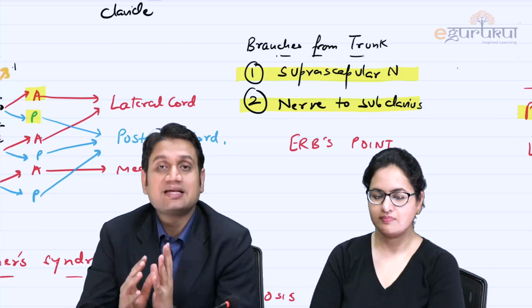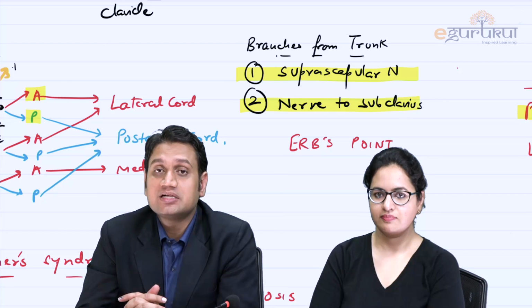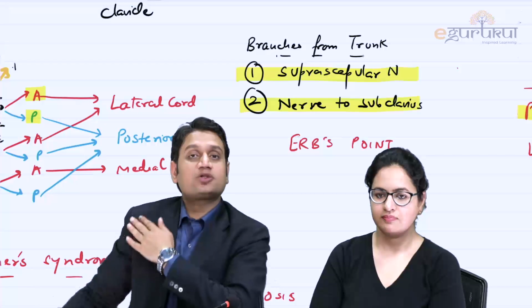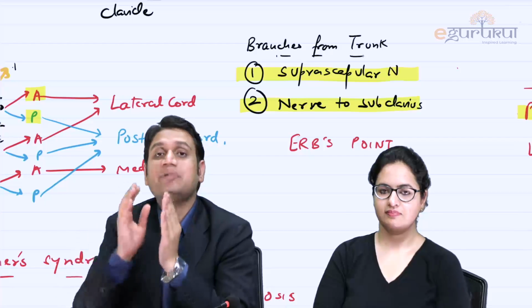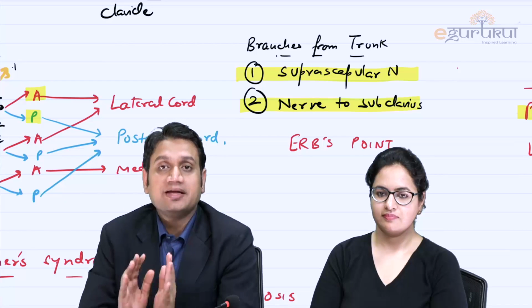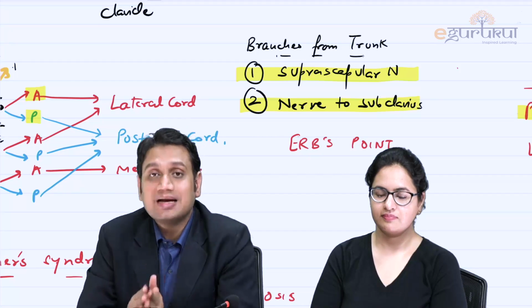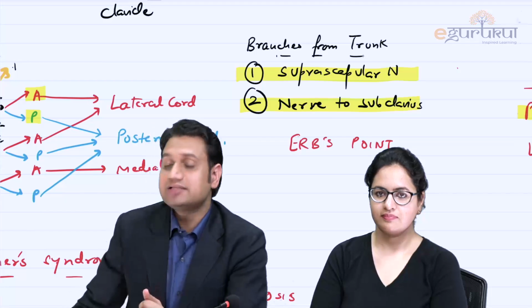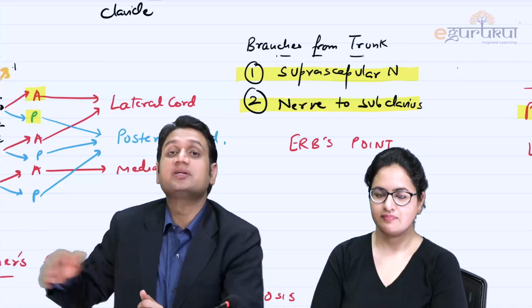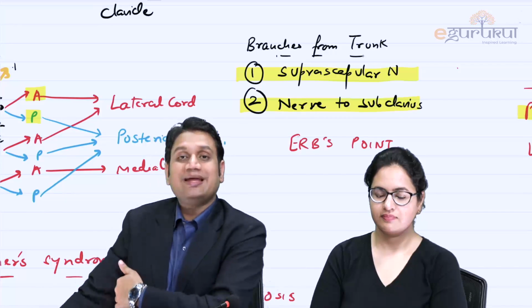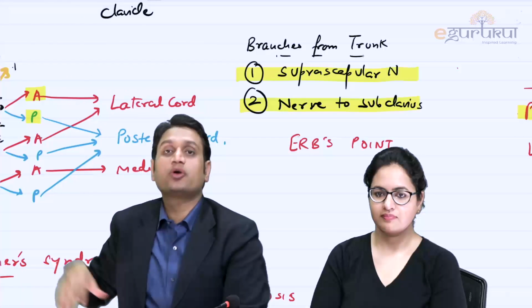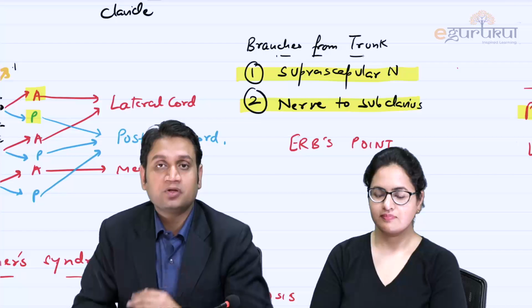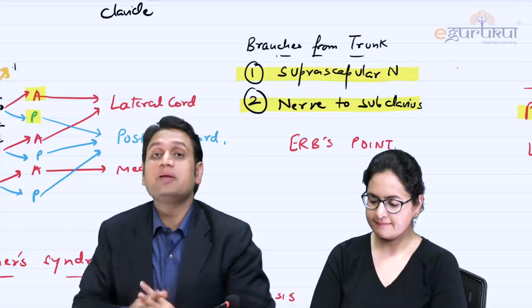If somehow the suprascapular nerve is injured, what will be the clinical presentation of the patient? Supraspinatus causes abduction of the shoulder from 0 to 15 degrees. That simply means initiation of abduction. If the suprascapular nerve is paralyzed for some reason, then this 0 to 15 degrees, the initiation of abduction, cannot be done. If you help the patient to go for abduction like this, after that he will be able to do so because of the action of the deltoid, supplied by some other nerve. But the initiation will not be possible.